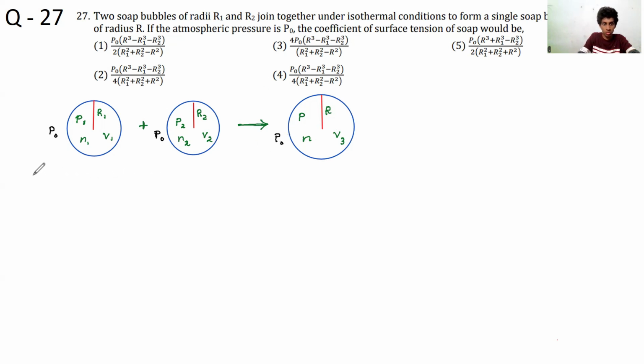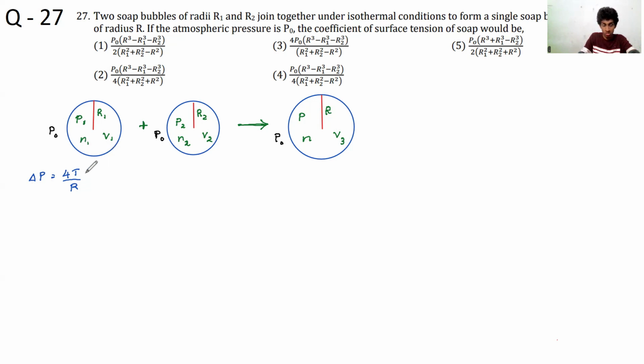So you all know this expression. Delta P is equal to 4T over R. Delta P is the pressure difference between the inside and outside of the soap bubble. So here that is equal to 4T over R, not 2T over R. That's because the soap bubble has two surfaces.